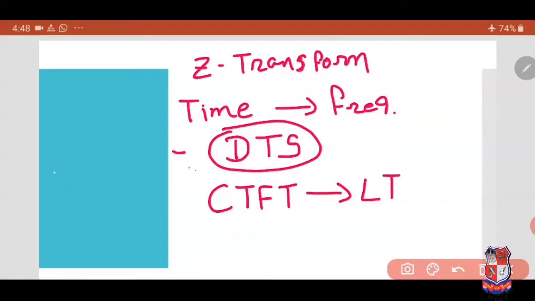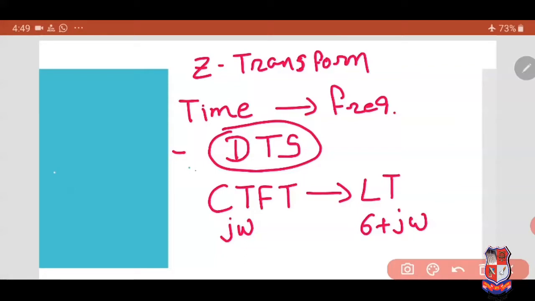So when you go from CTFT, that is your j omega, to the LT, at that time sigma plus j omega comes into the picture.